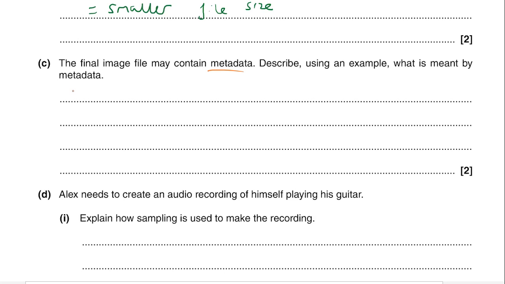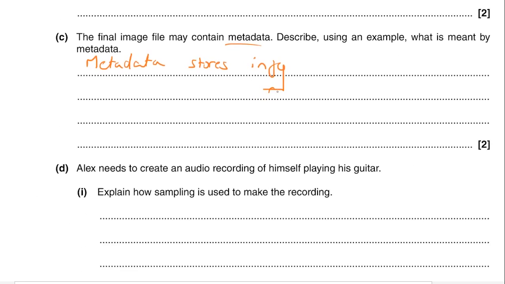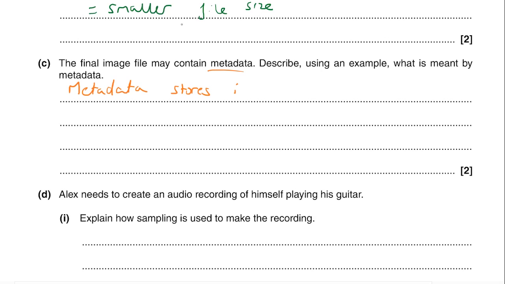But yeah, so metadata stores information. Okay, that's not gone well. That's me pressing the button down on my tablet. Metadata stores information about the image or about the data, and then we've got to do an example again.